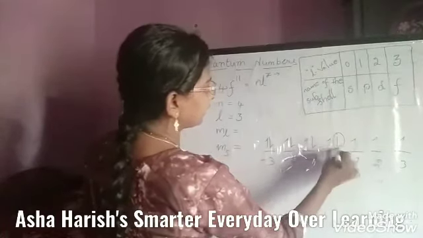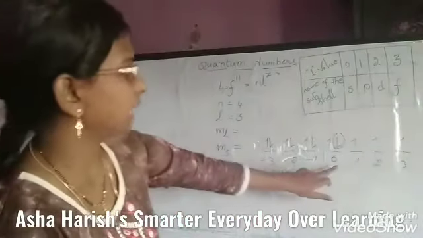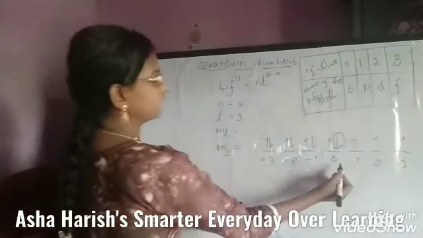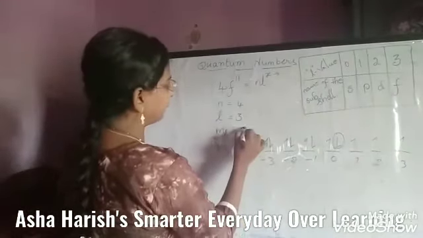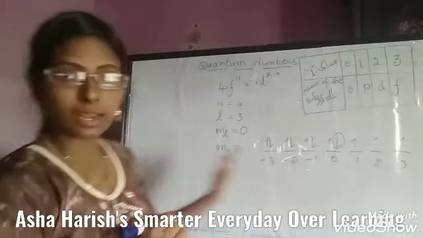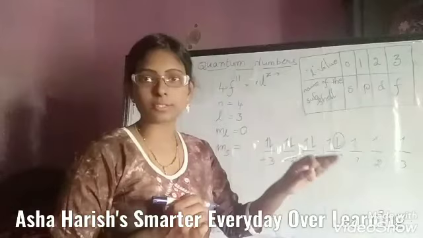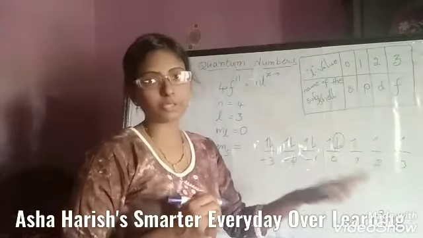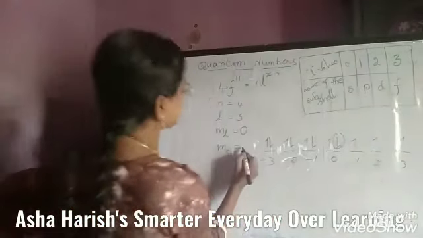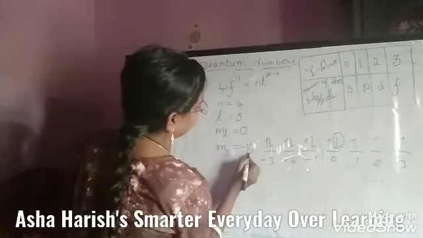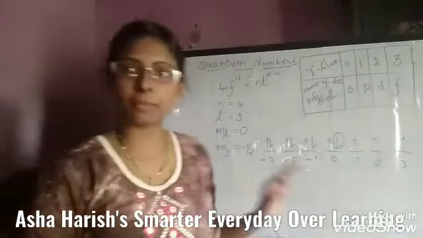The 11th electron reaches here at 0, the integer value 0, so ml will be 0 here. Then the last electron has the downward direction, that is anti-clockwise spin, so the ms value is minus half.